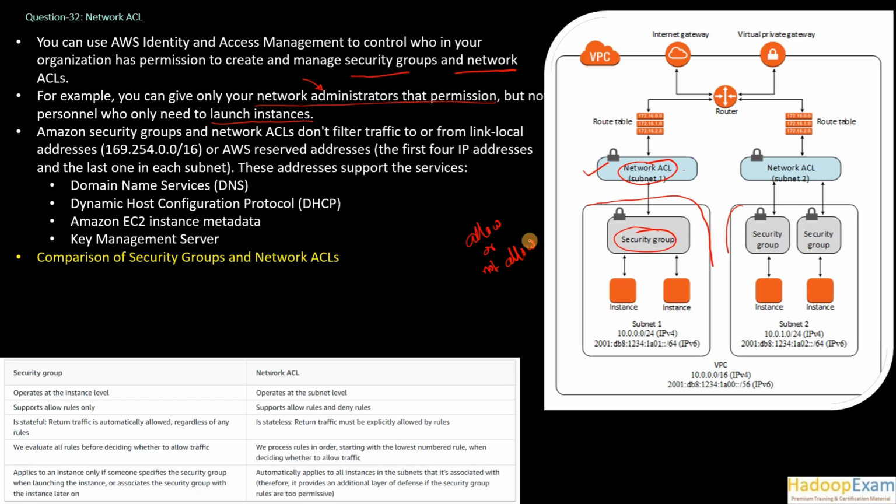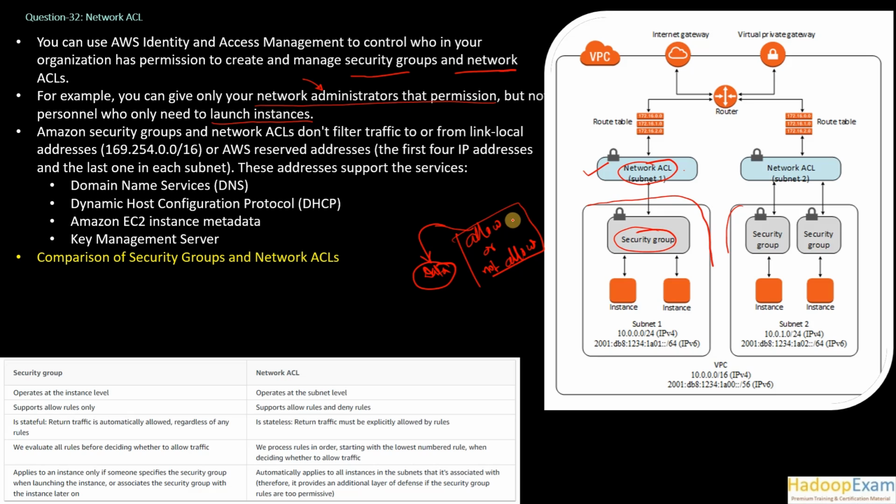They do not check the content of your data or traffic, what is going in and out. So remember, these are only allow or deny rules. They don't read your content or filter it. Nothing is done by Amazon on this.